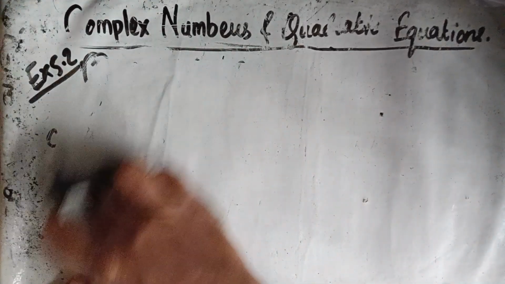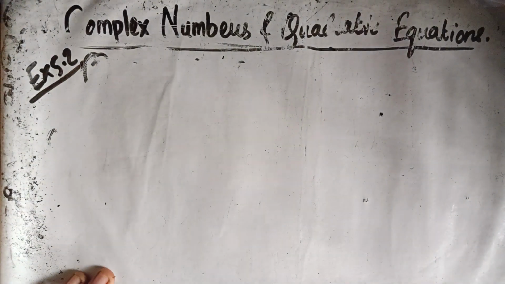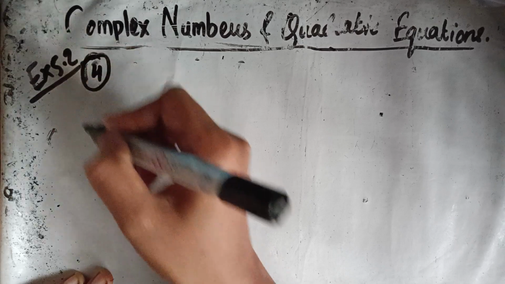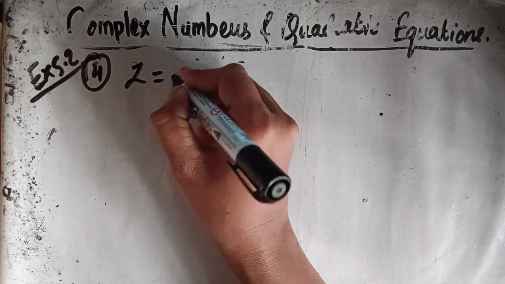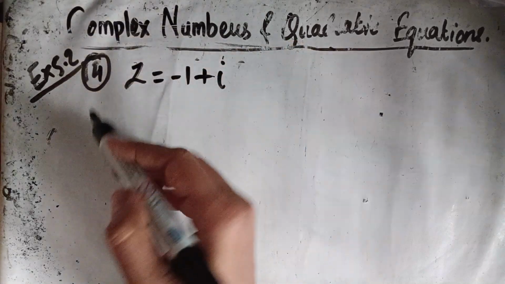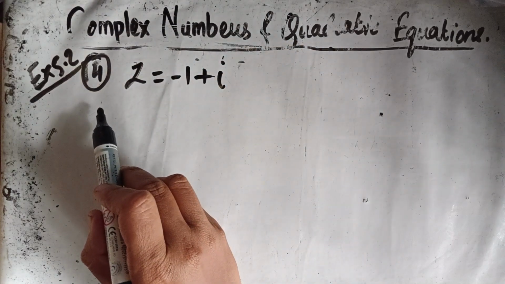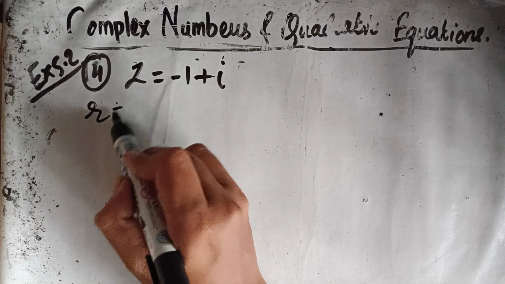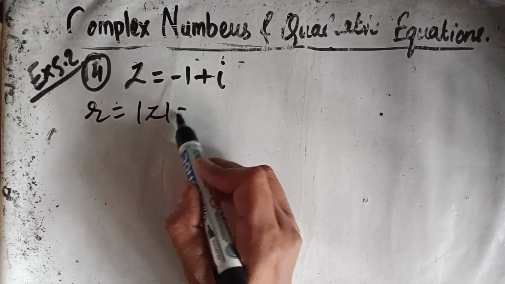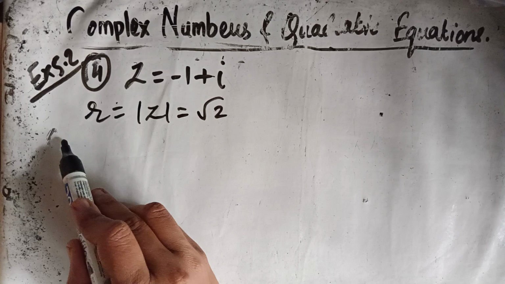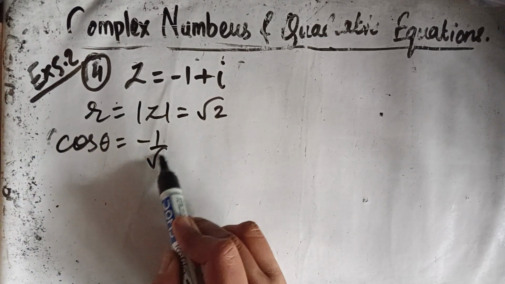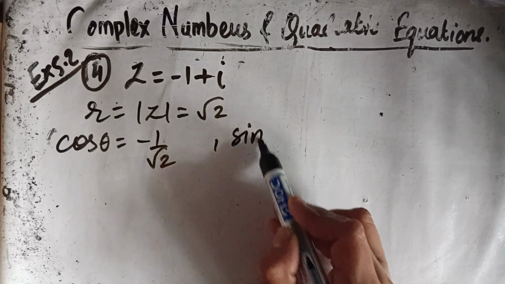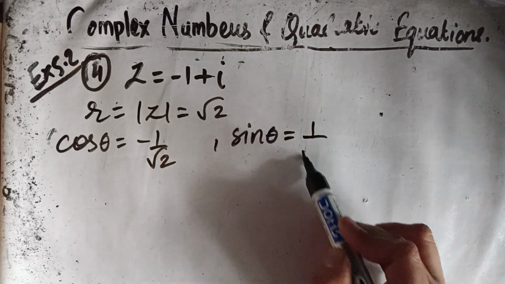Next one, minus 1 plus i. This is almost the same. Mod z is the same, root 2. Cos theta is minus 1 upon root 2. Sin theta is 1 upon root 2.